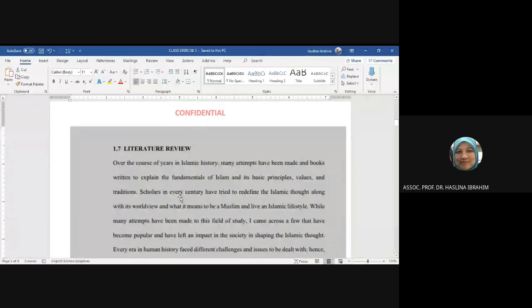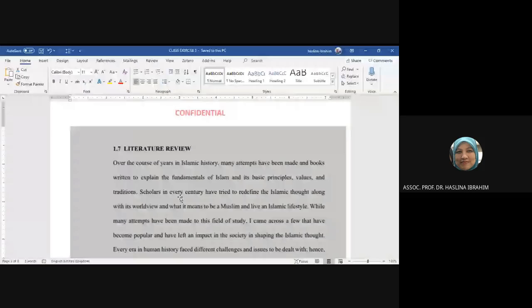So I had this experience with my master's thesis and PhD thesis, and many times I sat in front of my examiner and he asked me, what do you mean by this? What do you mean by this? And then I said, okay, this is what I mean.